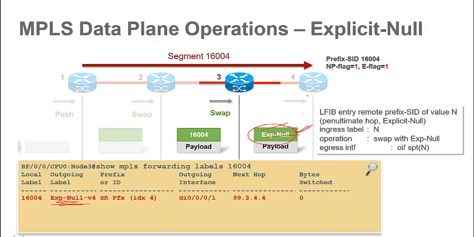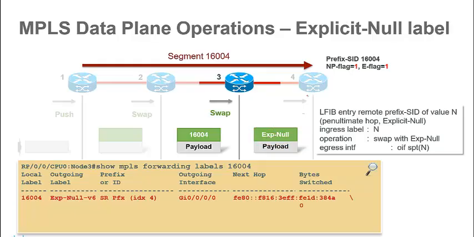For QoS. Right, whenever we do QoS, not IP, but MPLS QoS, you need the MPLS header so that the QoS 3-bit experimental bits will be carried.